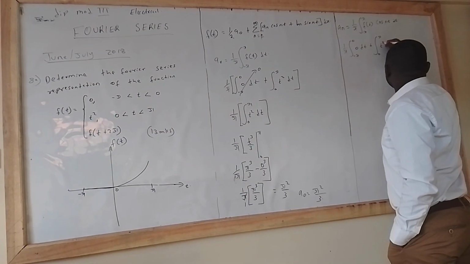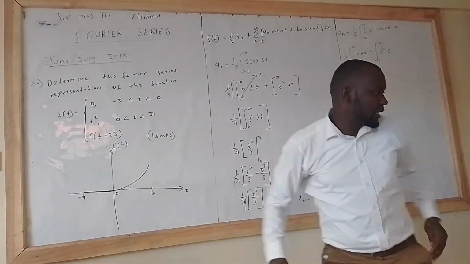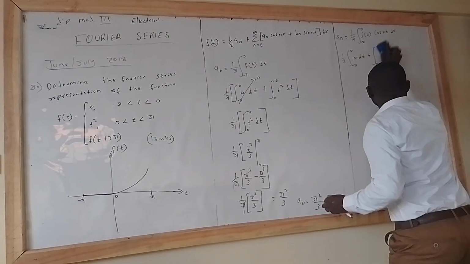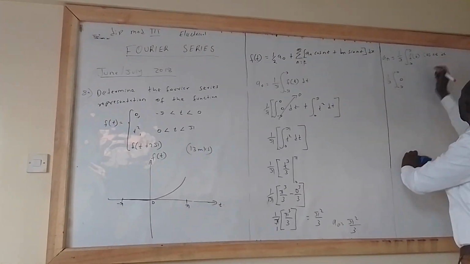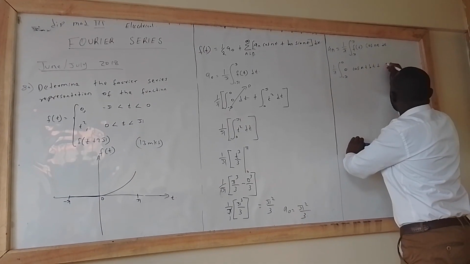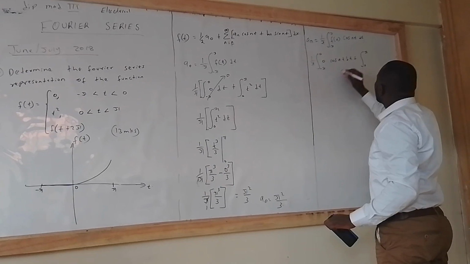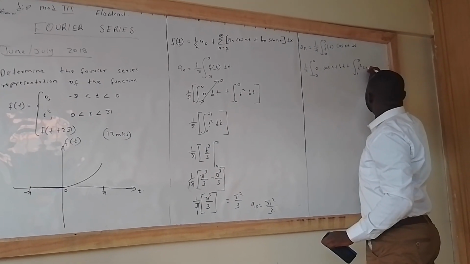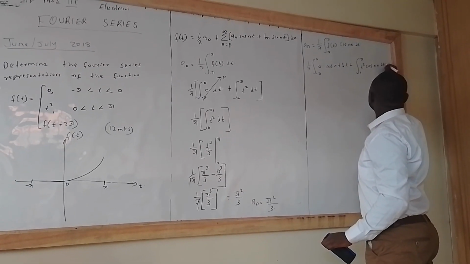Sorry, there's something here. We have 0 cos nt dt plus the integral of 0 to pi, our function is t squared multiplied by cos of nt dt.